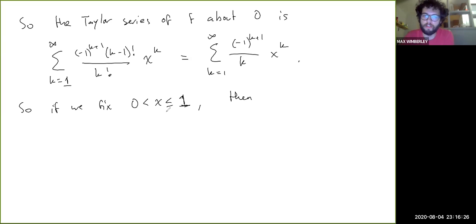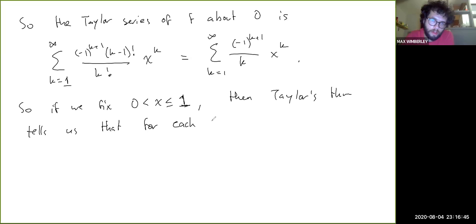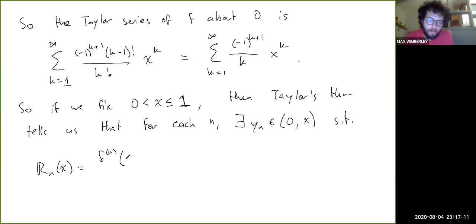So if we fix a value of x like this, then Taylor's theorem tells us that for each n, there exists a y_n in (0, x) such that R_n of x equals f^(n) of y_n over n factorial, times x to the n, right?